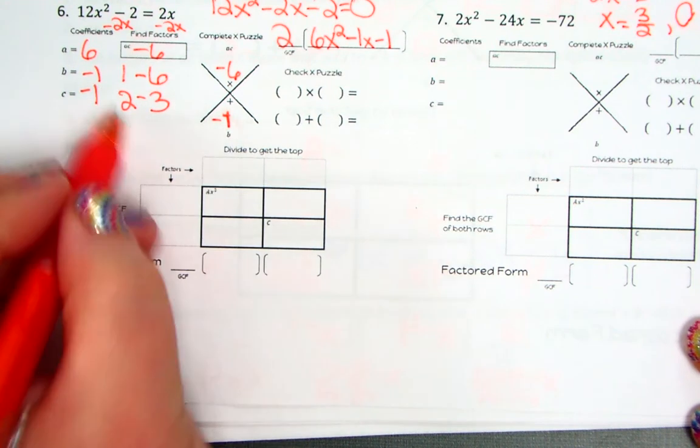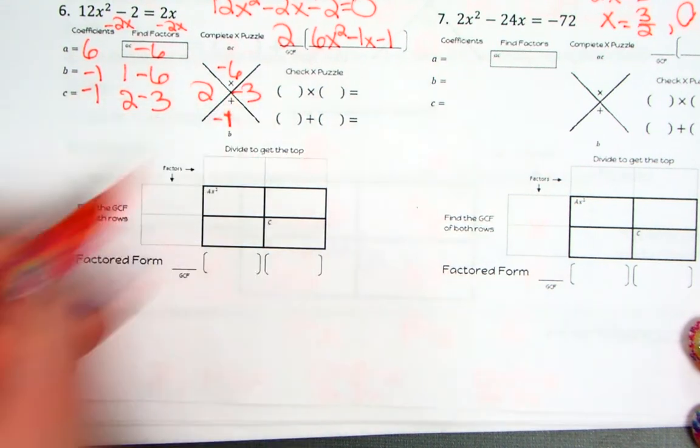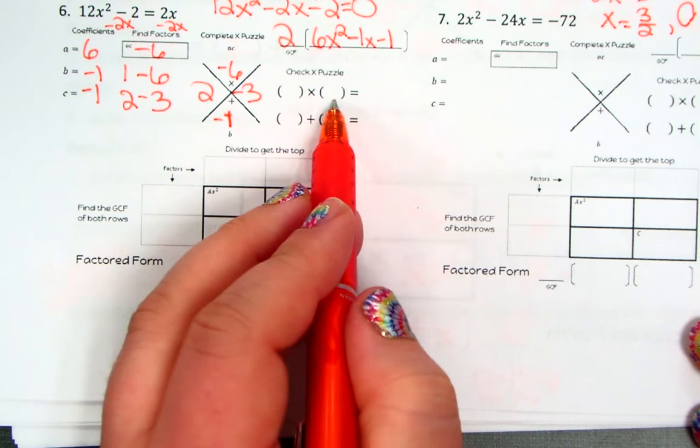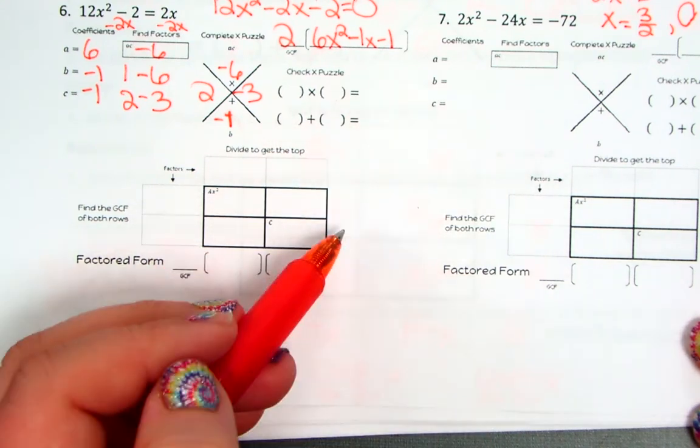So that makes 2 and negative 3 the one that I want. 2 times negative 3, negative 6. 2 plus negative 3 is negative 1. So I know that it works.